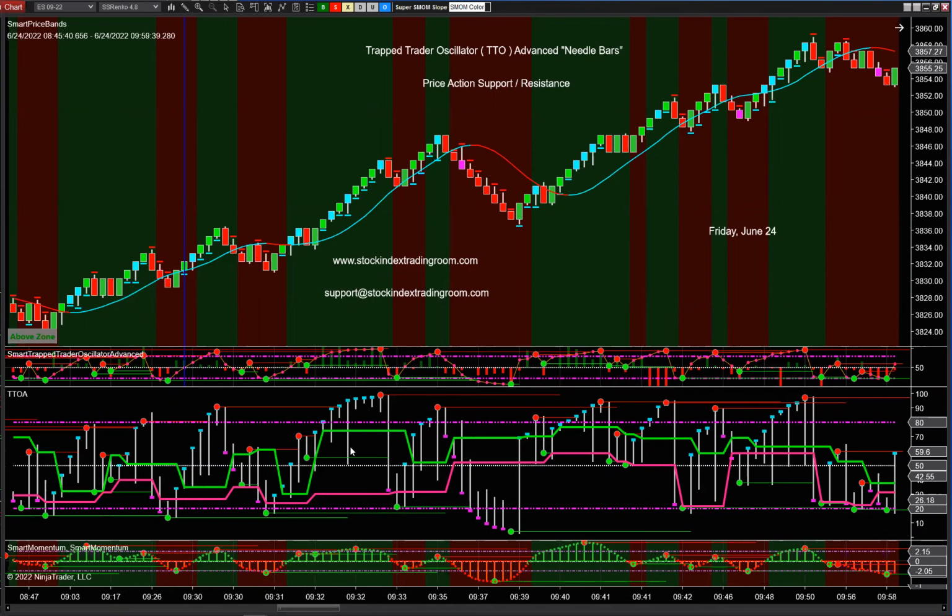The reason is a needle bar is simply a visual representation of what's going on inside a bar. Most traders like to look here and not here. They're watching price.